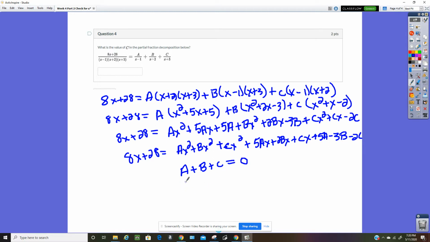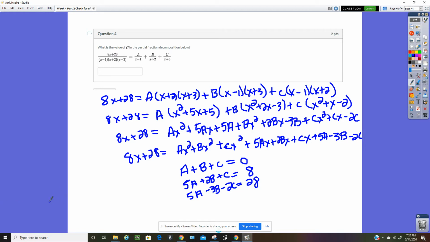And then 5A + 2B + C equals, so the x term is 8. And then 5A - 3B - 2C equals the constant term 28.